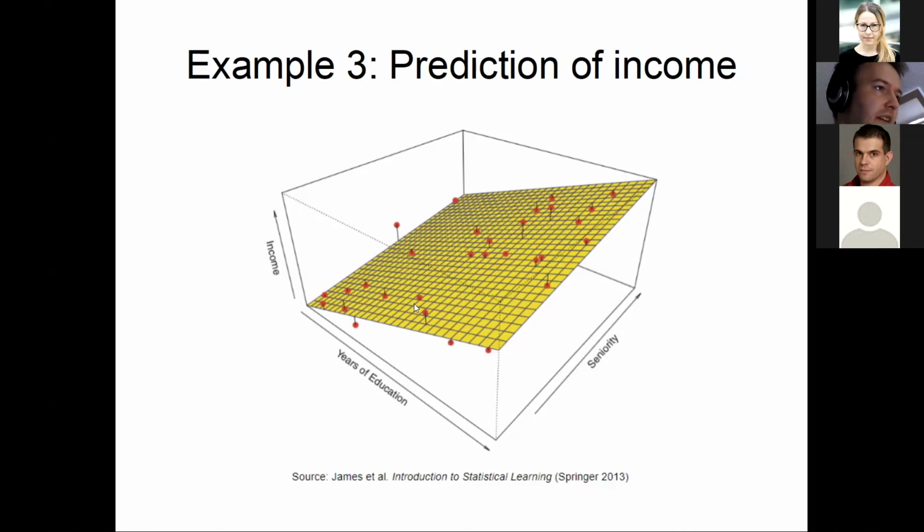Now you have to think in three dimensions. It's possible. So I reach the plane now. And now I go to the income level here, and let's assume here would be, I don't know, 45,000 euros or dollars or whatever, or Japanese yen. I'm not sure what kind of currency you have in Japan, but insert your currency here, and then you can predict your income.